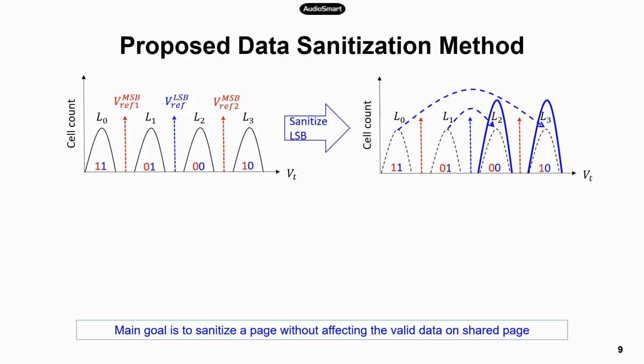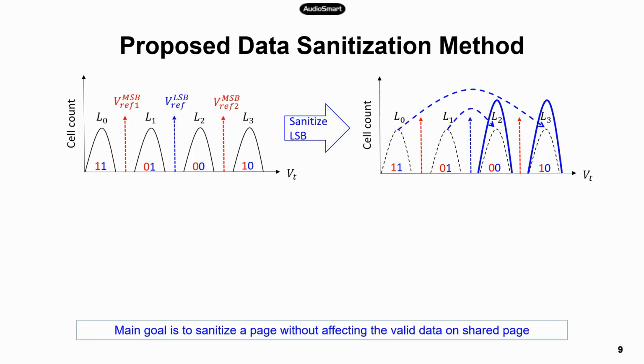The first option is LSB sanitization because it's easy. To sanitize the LSB page, we would just need to move L0 to L3 and L1 to L2. If we take a look at the logic, we can see that from L0 to L3, the MSB logic remains the same, which is 1.